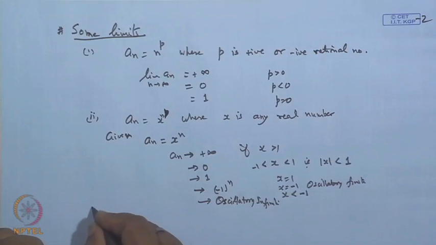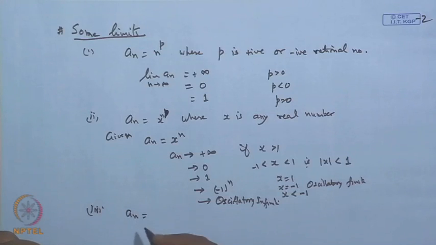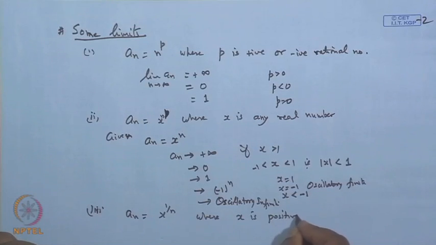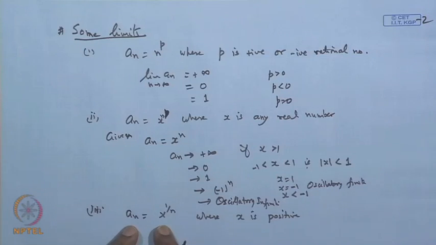Then the third limit: suppose the sequence is x to the power 1 by n, where x is positive. Now, when x is positive and n is any integer, what happens when x is greater than 1? Each term of the sequence is greater than 1.